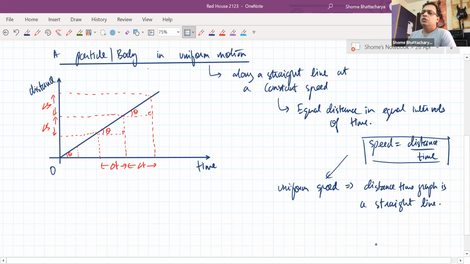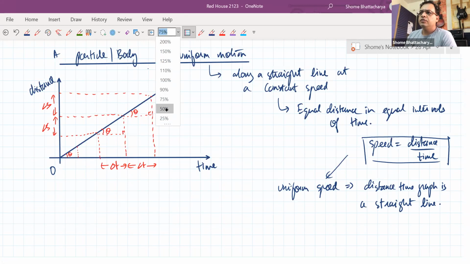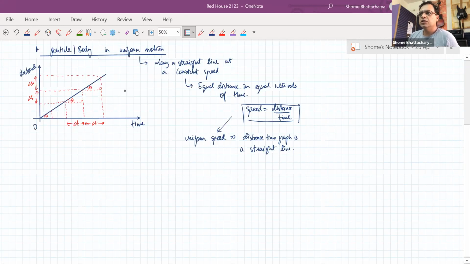So then what happens is when we have this type of a graph, which is a straight line graph, or what we call a linear function or a linear graph between distance and time, then we have another aspect over here, that if we define average speed versus instantaneous speed, can anybody tell me what is the meaning of the term average speed?